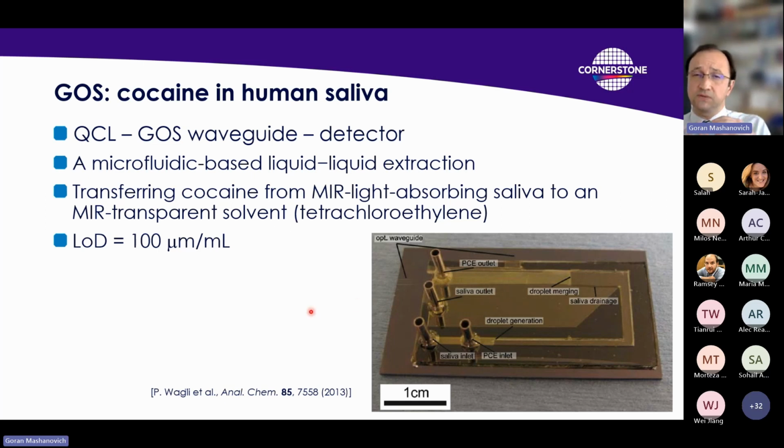So basically, they transferred cocaine from saliva, which contains water and so absorbs a lot in the mid-infrared, to tetrachloroethylene, which is a mid-infrared transparent solvent, and then that solvent with cocaine was led to the germanium waveguide, and they got a limit of detection of 100 nanograms. Sorry, this should be grams per milliliter, which again can be improved significantly, but that was kind of a first demonstration.